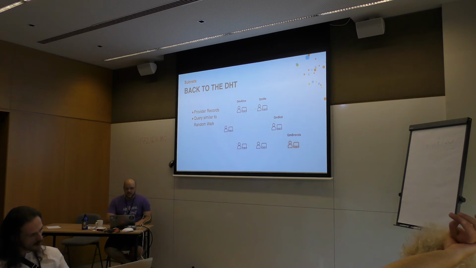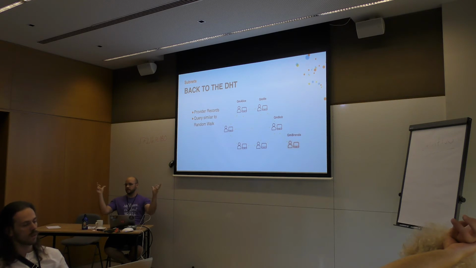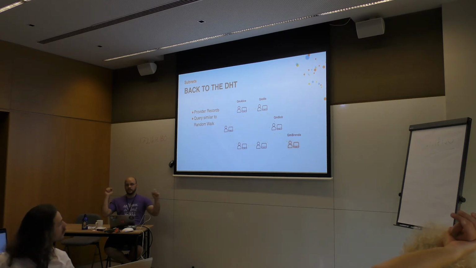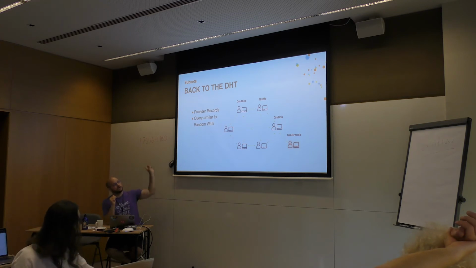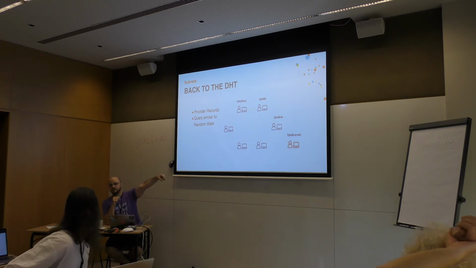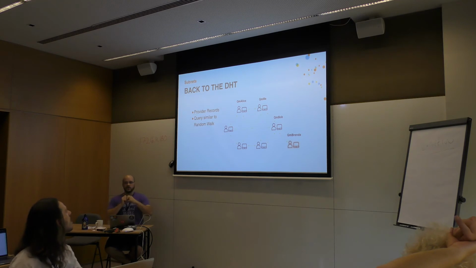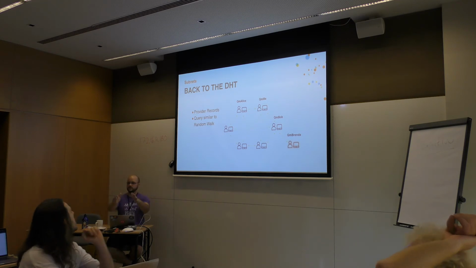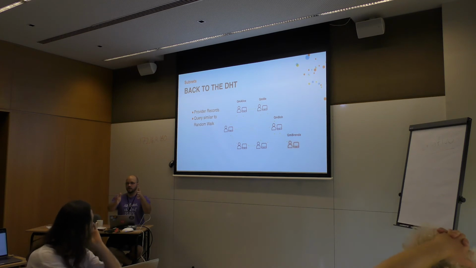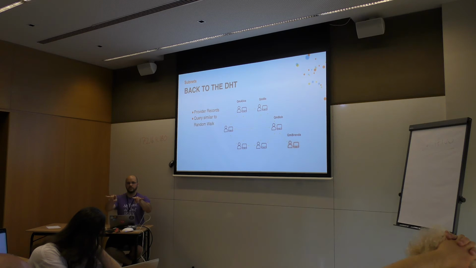So instead of randomly querying for an ID, what we could do is take our chat topic, libp2p chat 100, we could turn that into a DHT key and do a query to find the closest peers to our DHT key. So we go out, we do that random walk that's no longer random, we find the closest 20 peers on the network to our topic, and then we tell them that we're a provider of that topic.